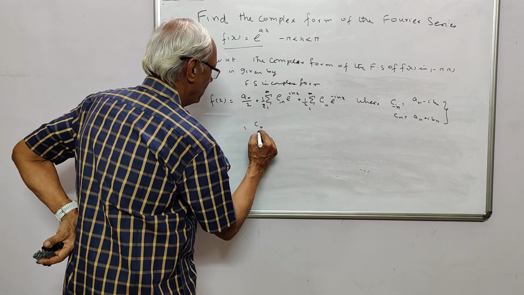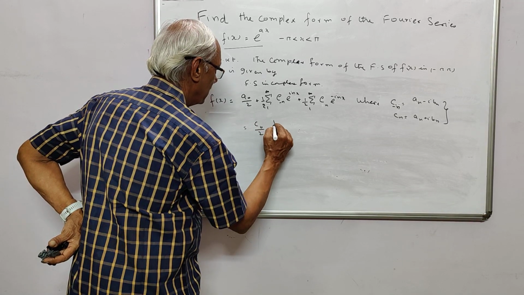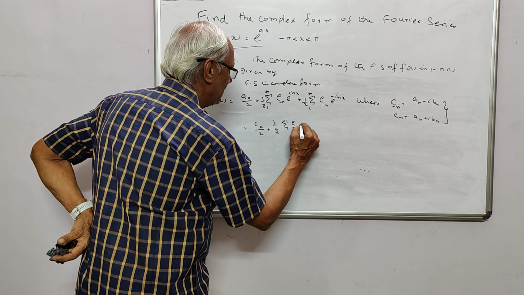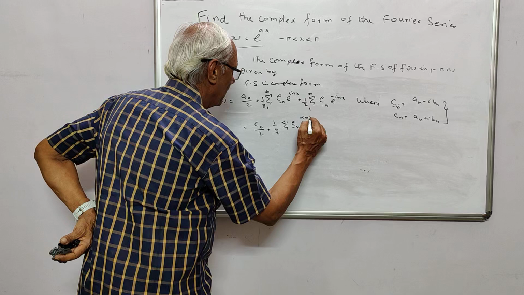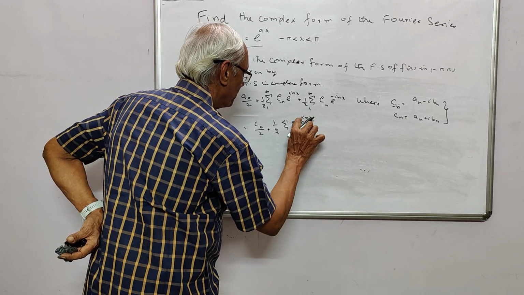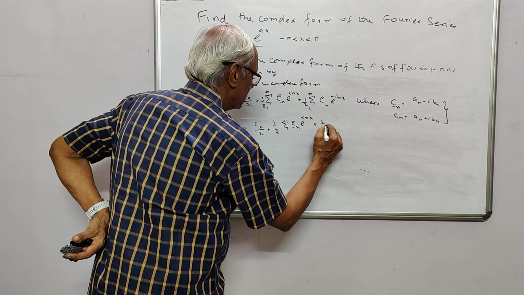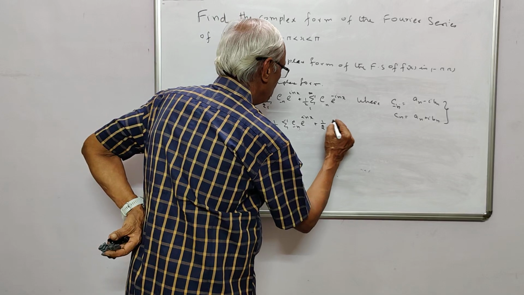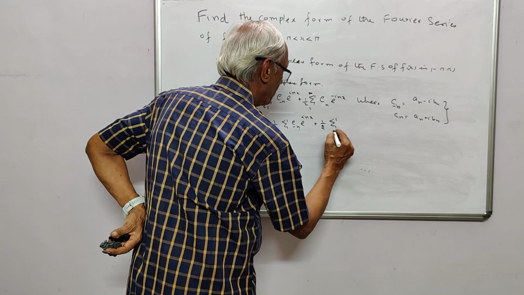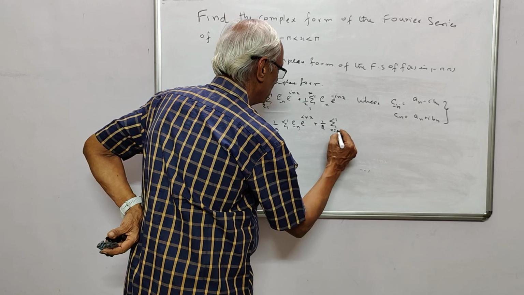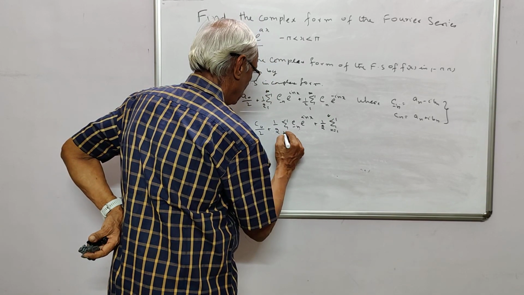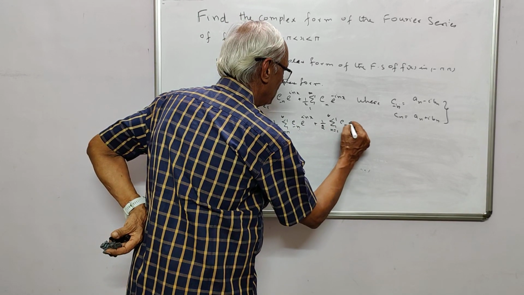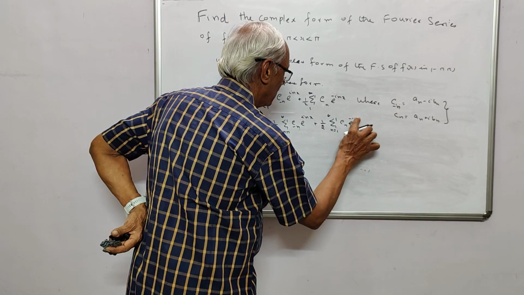C naught by 2 plus half into C minus n e to the power of I n x plus half into sigma of n is equal to 1 to infinity, C n into e to the power of minus I n x.